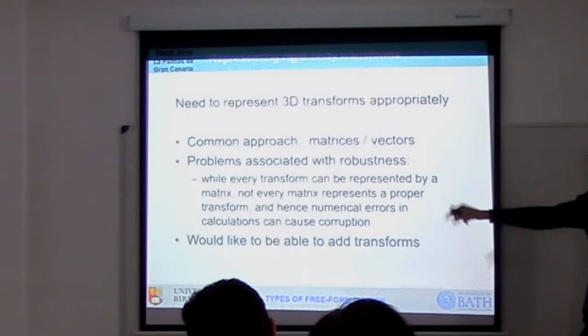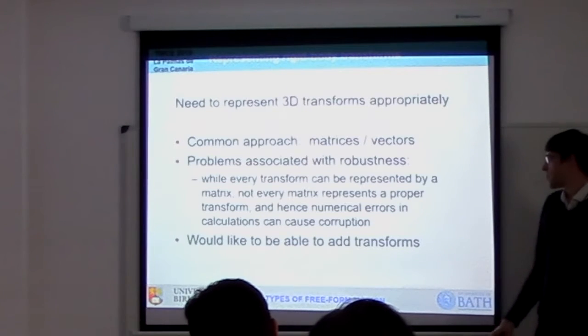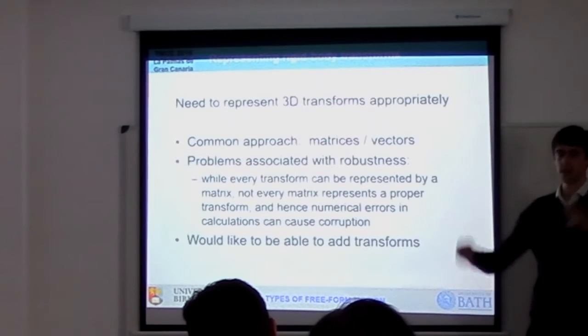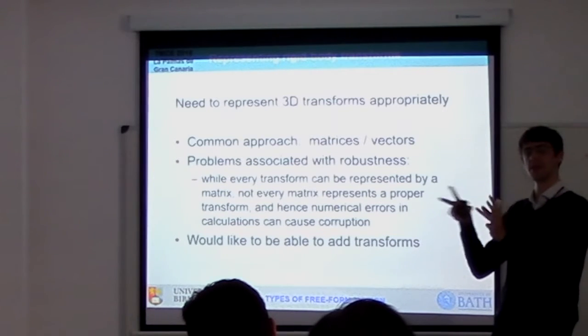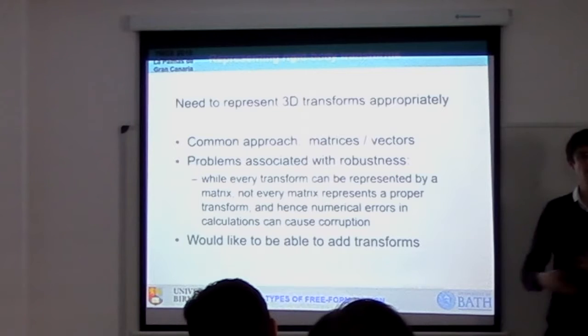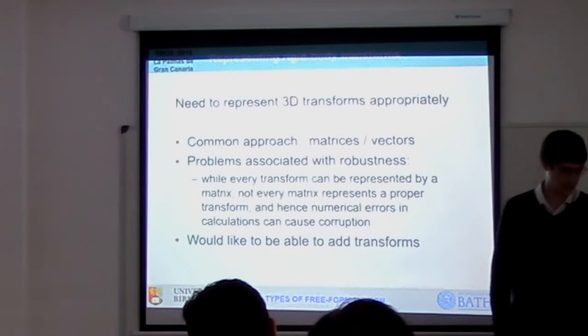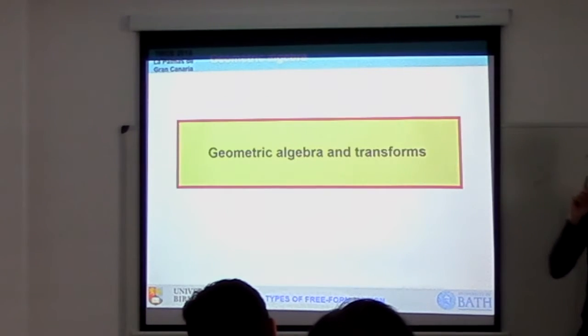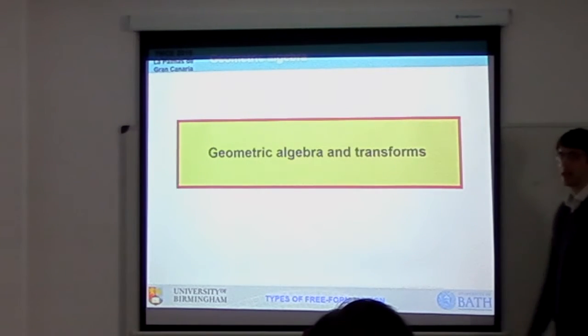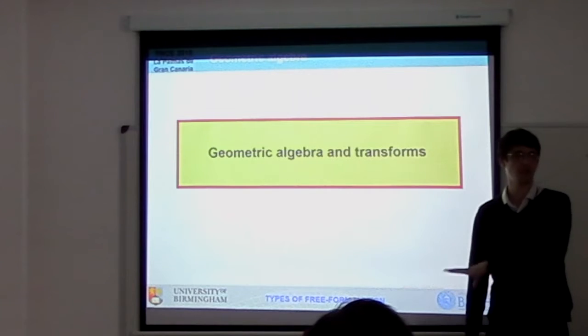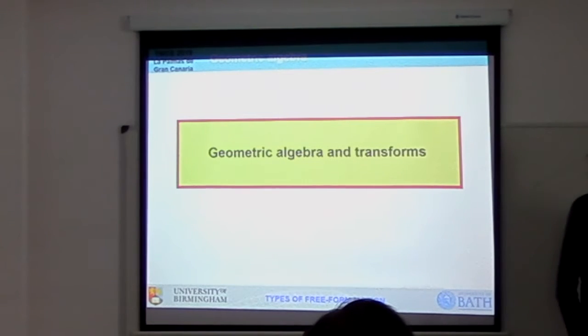However, these provide some issues when we look at the underlying maths. One problem that we have is if we take 2 rotation matrices and we add them together, what we end up with isn't necessarily a rotation matrix. So we have to do some fiddling around. However, there is an alternative, and that's to use something called geometric algebra. And these help us to define our transforms in a more robust manner.